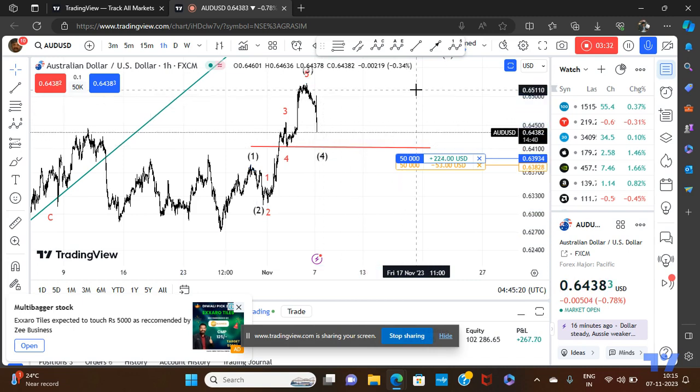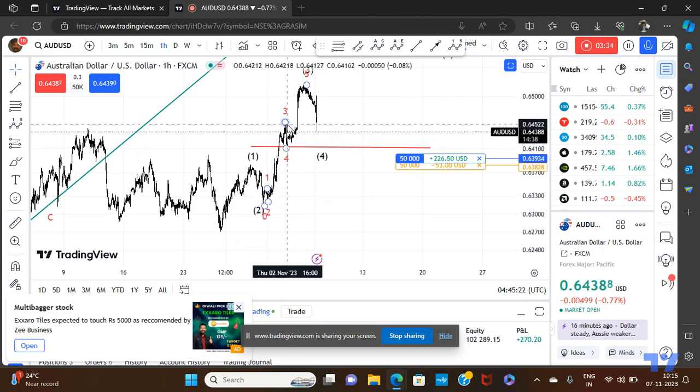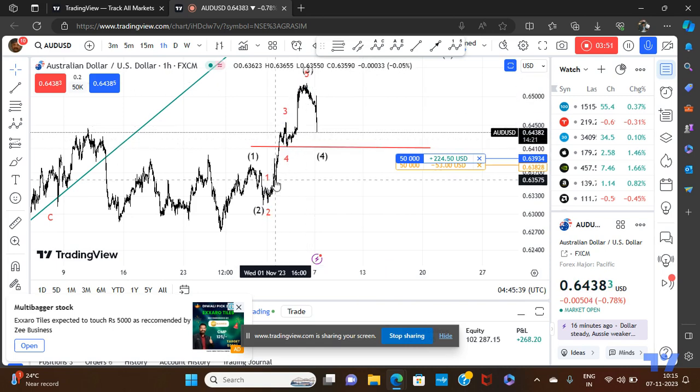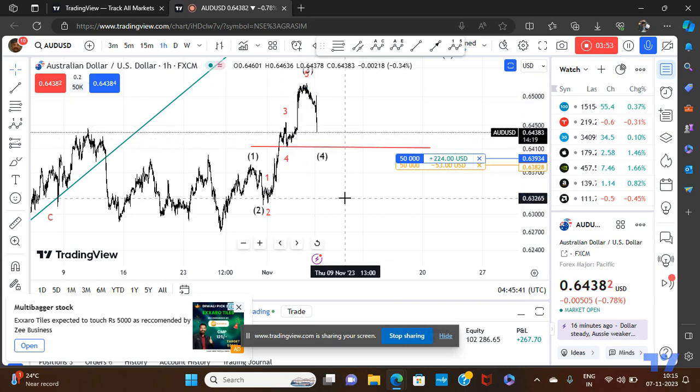The wave theory says once the 5 wave move is up, then the correction starts, which is in form of A, B, and C, and it will find support at the end of this wave. That is the fourth wave of the extension. These are all extensions.